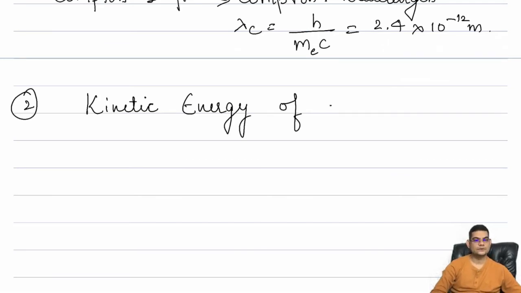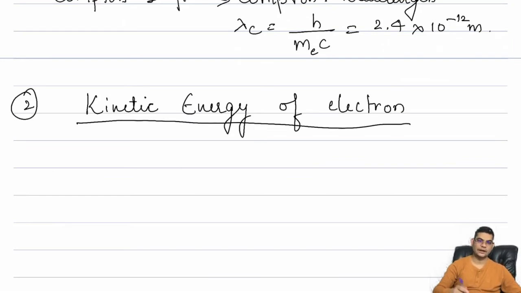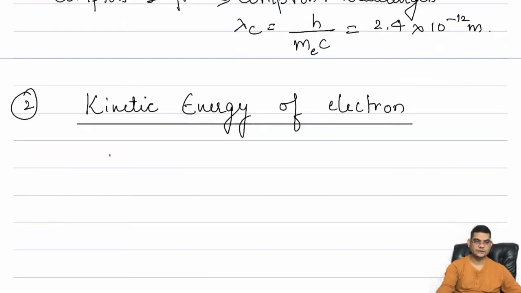Energy lost by the photon in collision goes to the kinetic energy of the electron. So we can write kinetic energy of the electron is equal to hc by lambda, that is the energy of the photon before collision, minus hc by lambda dash, that is the energy of the photon after collision.